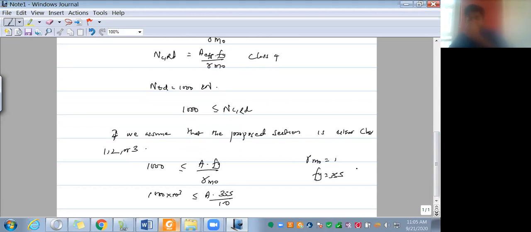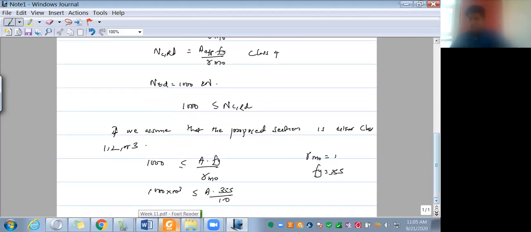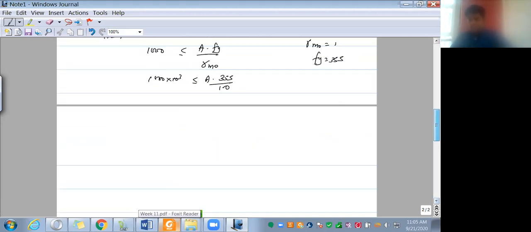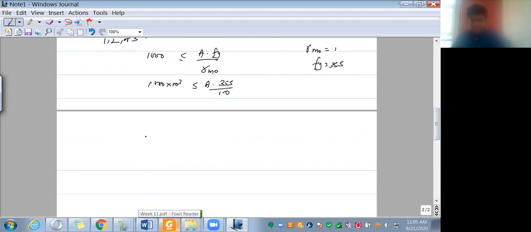So now we need to obtain the value for A. So A should be greater than or equal to 1000 into 10 to the 3 divided by 355.